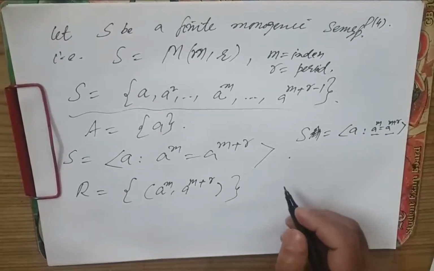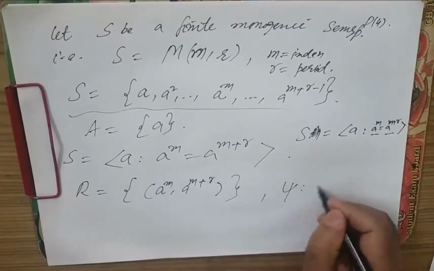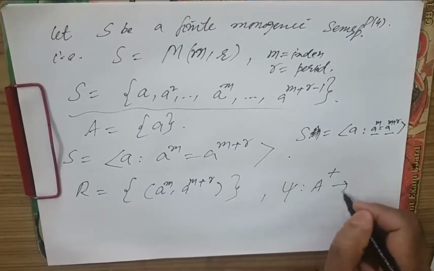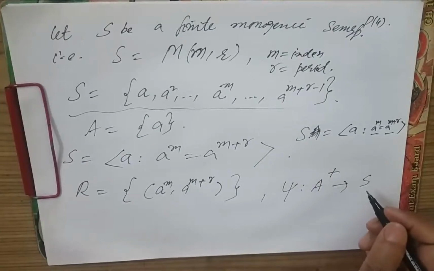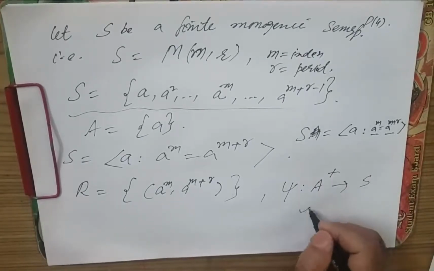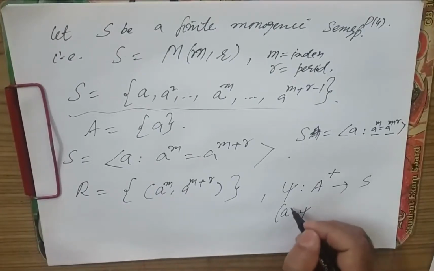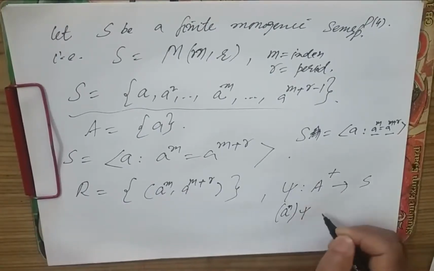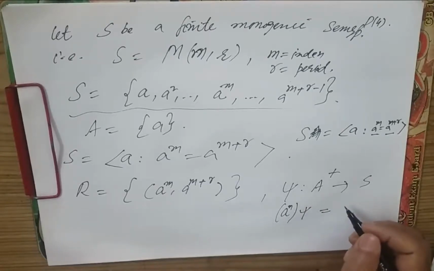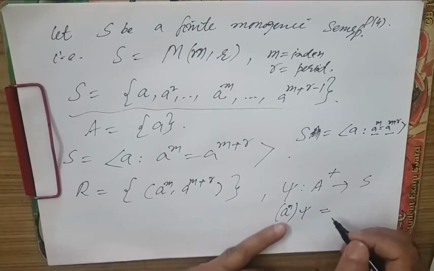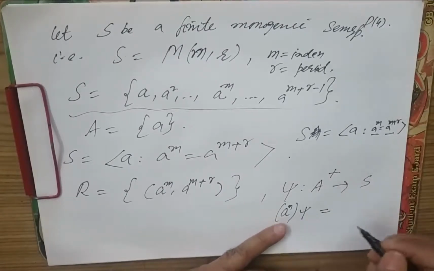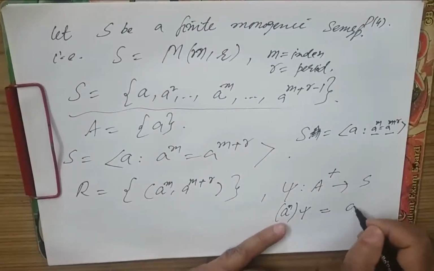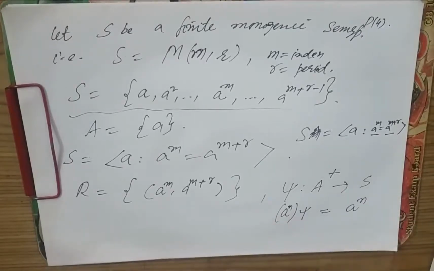Now psi is a map from A plus to S, and psi of any element, say A power n, is equal to psi of A, psi of A, up to n times, and that's again equal to A power n. You can easily verify this. This is the definition of the mapping.